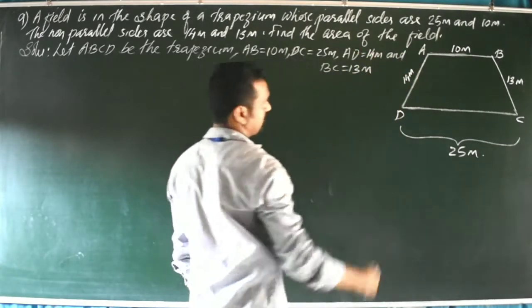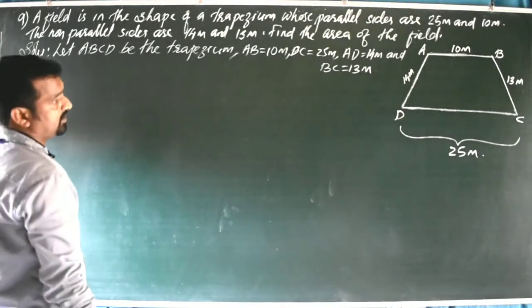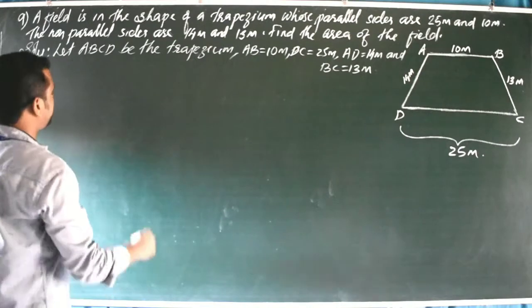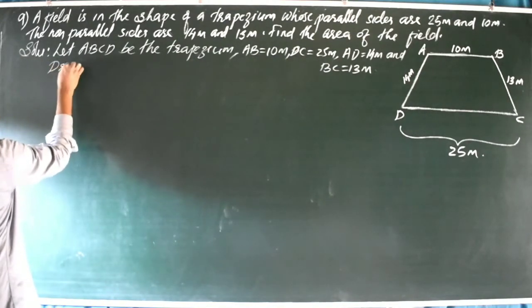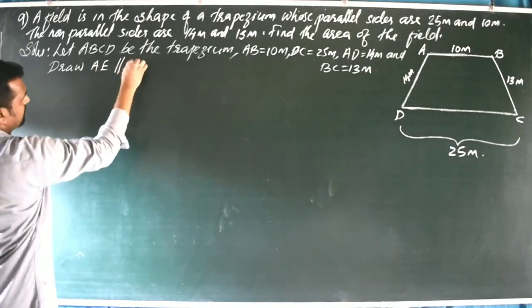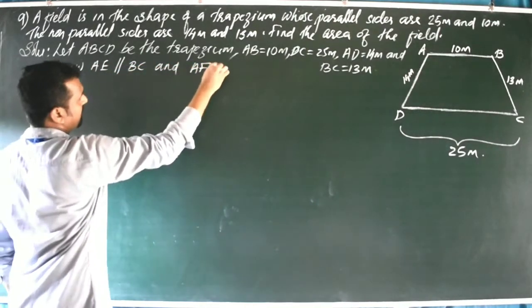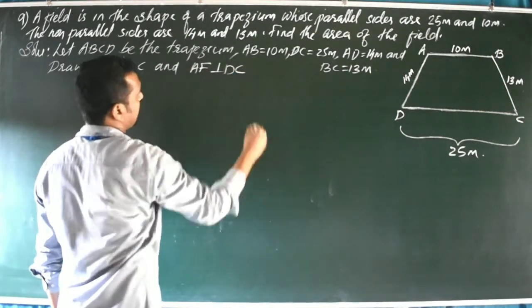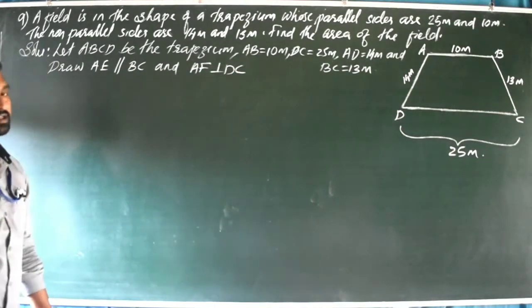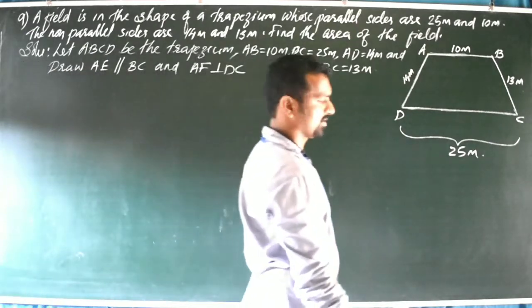All the given values. Now we are going to construct a line. Draw AE parallel to BC and AF perpendicular to DC.